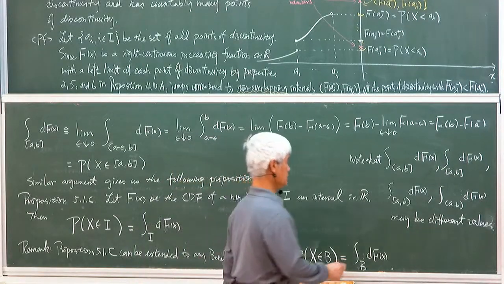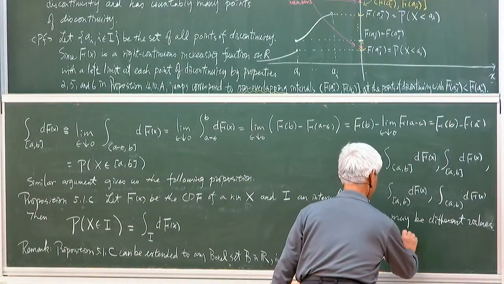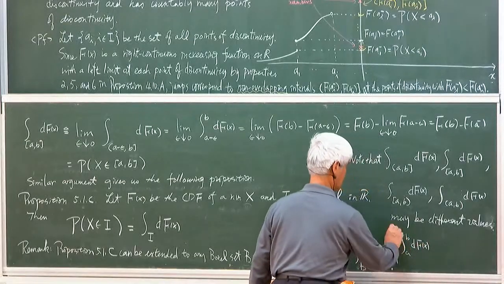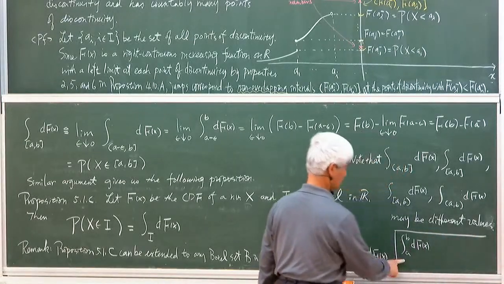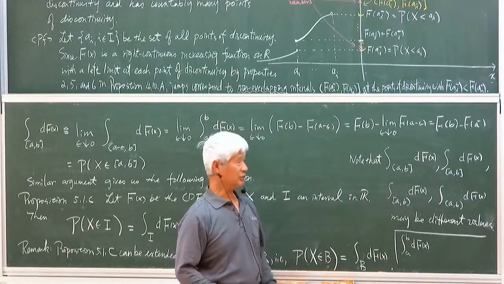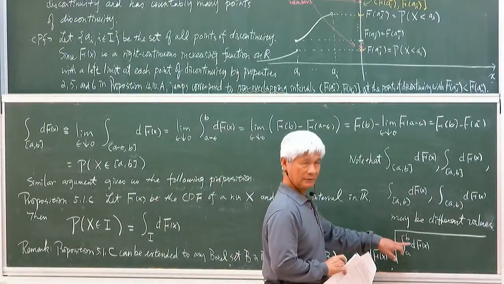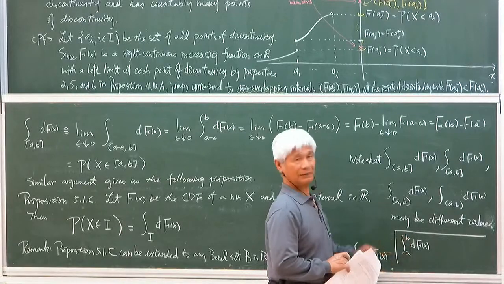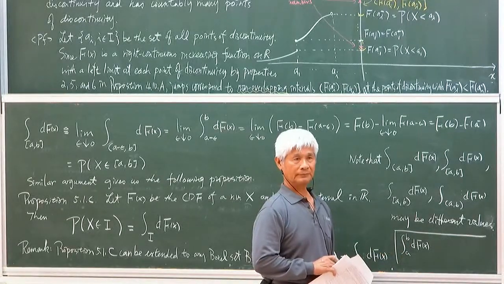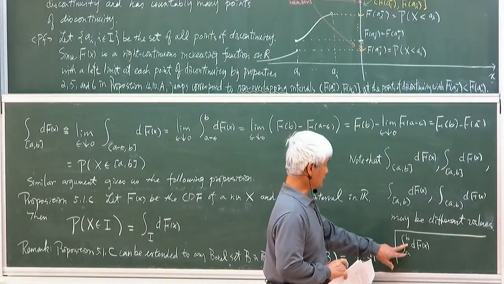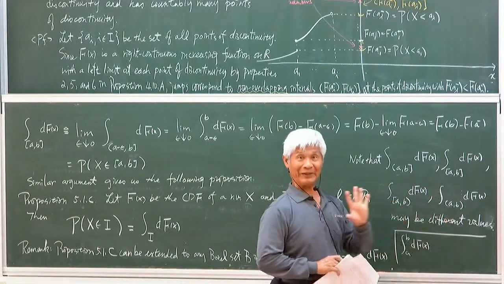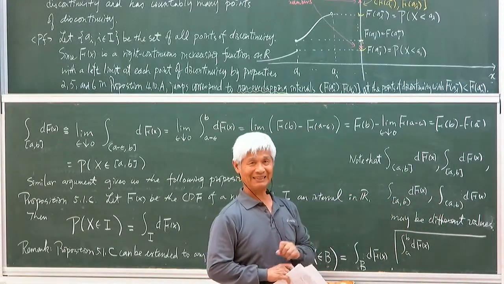But for the conventional Riemann-Stieltjes integral, you see that? A to B. It's very hard for us to say what is A to B. Does it mean this one or this or that or there? There are four kinds of different things.